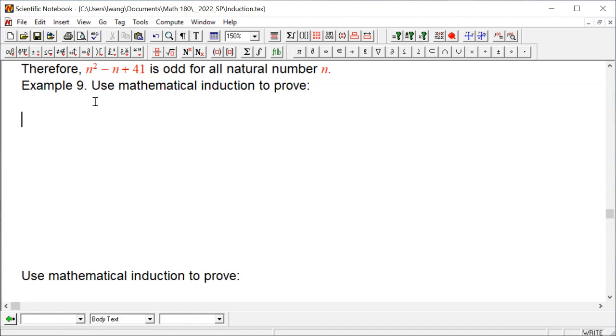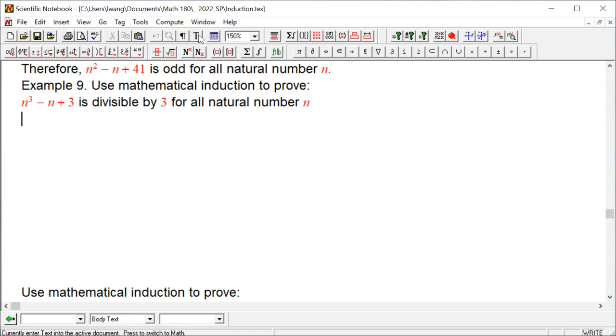This time we want to prove that n raised to the power 3 minus n plus 3 is divisible by 3 for all natural numbers n. Now we understand divisibility very well.